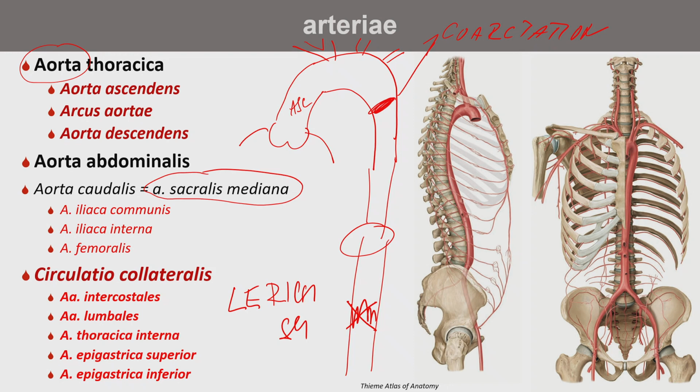So then we have to know that the circulation of the arterial blood towards the lower part of the body is then provided by collateral circulation. And this collateral circulation is very important because here those parietal branches serve as natural connections between the upper and lower part of the body.